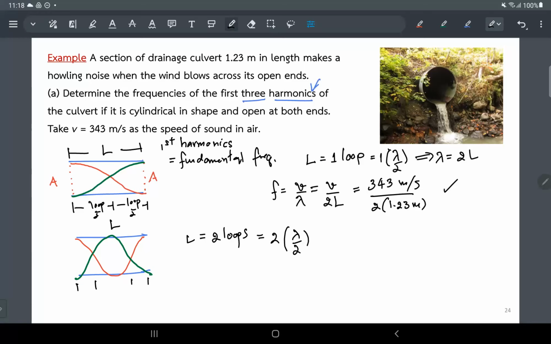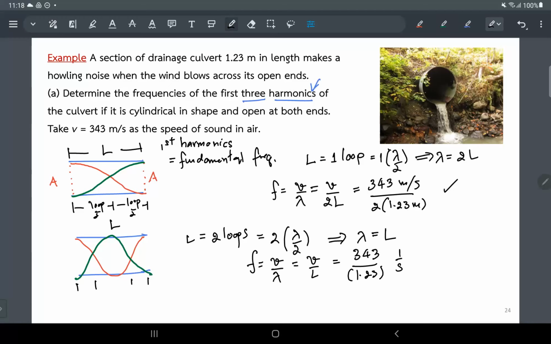So in this case, your wavelength is just the length of the tube itself. And the frequency is going to be V over lambda, which is V over L, just 343 over 1.23. The whole thing is in the unit of 1 over second.